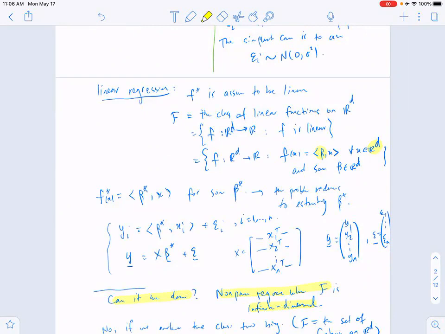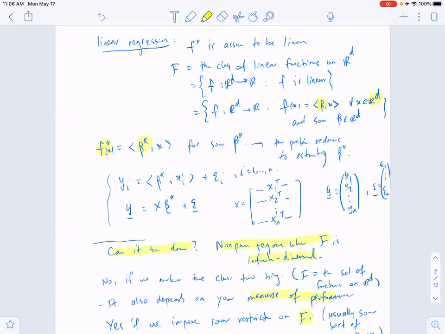This is an example of the Riesz representation theorem in the finite dimensional case. Every linear functional on R^d can be represented by a single vector from R^d, in general from the dual space of R^d, which is, again, R^d. And so this f star would be beta star inner product with x.